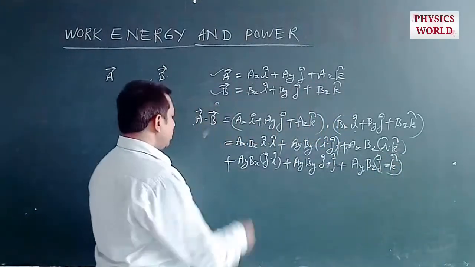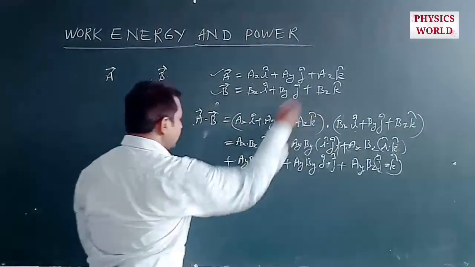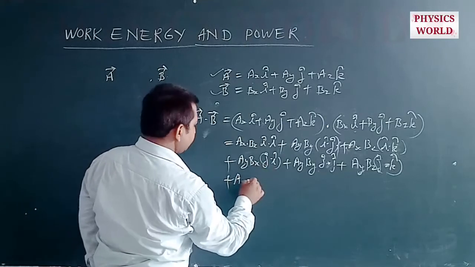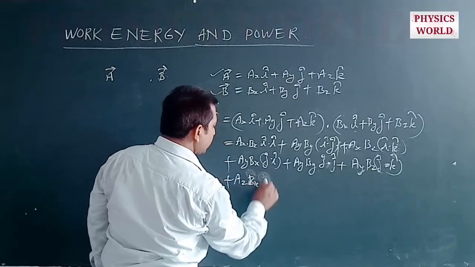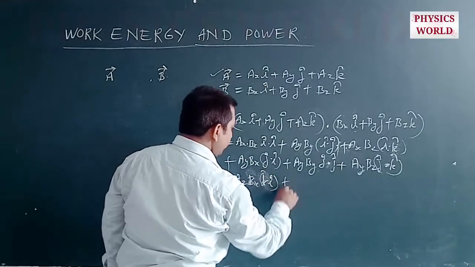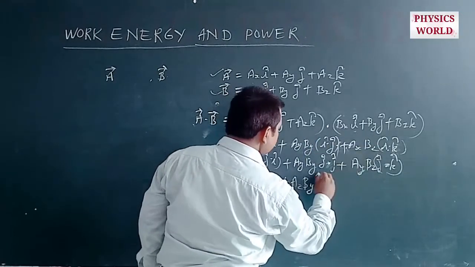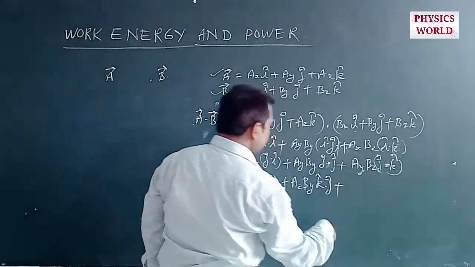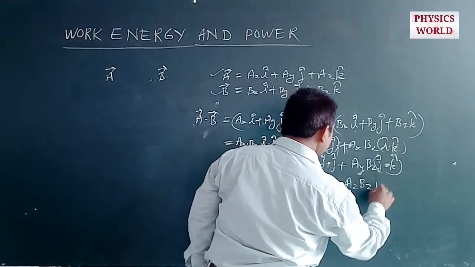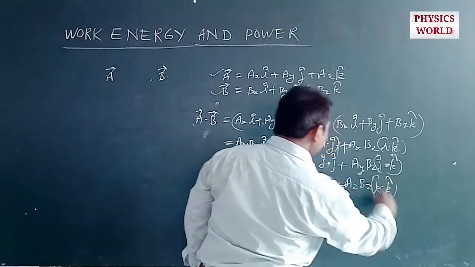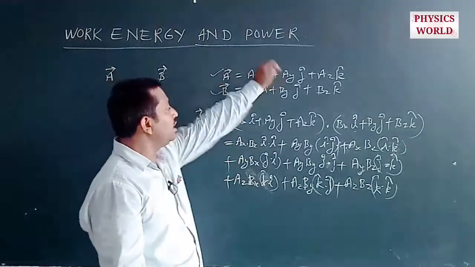Similarly, if we multiply the AZ k with all these three, then we get AZ BX k dot i plus AZ BY k dot j plus AZ BZ k dot k. So this is a simple multiplication which will be obtained after the multiplication.